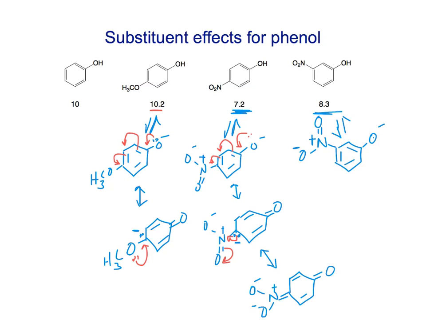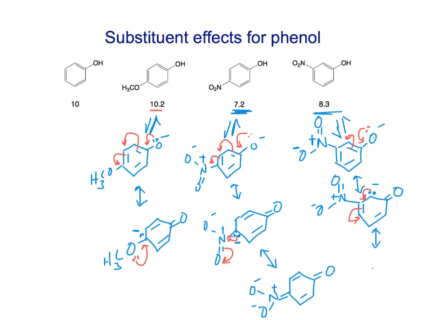Okay, so we can draw one resonance. Let's just draw the first one here. It puts the electrons on the position ortho to the oxygen. So they're here. And if we do this again, the electrons go right past the position that has the nitro group attached.